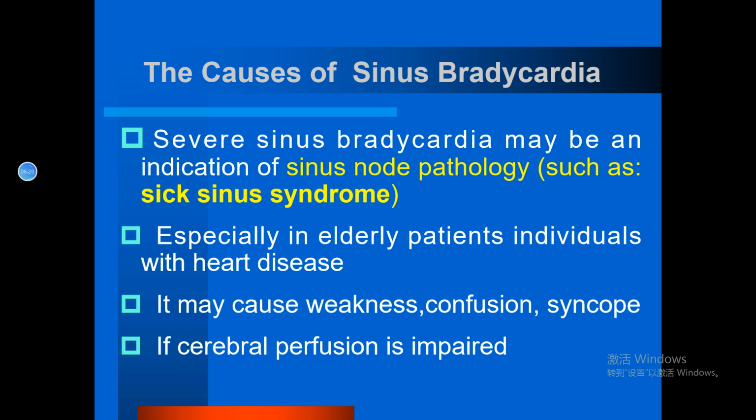We mentioned it before. This is something that can destroy the function of the sinus node, so the electrical activities of the sinus node are completely destroyed, and the heart rate is slowed down quickly. And sometimes elderly patients usually have sinus bradycardia too.